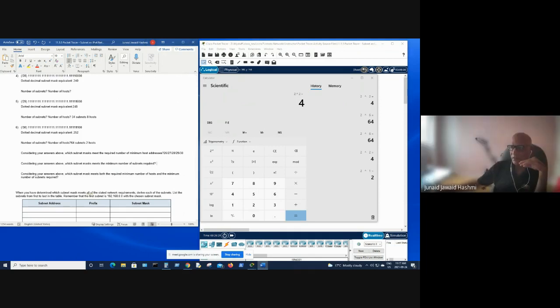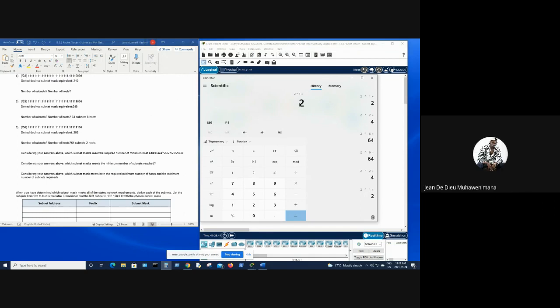Okay, so let's start. This is the formula I'm showing you. If we take 1 bit from the host portion, it gives me only 2 hosts. Is it good? You need 50, right?